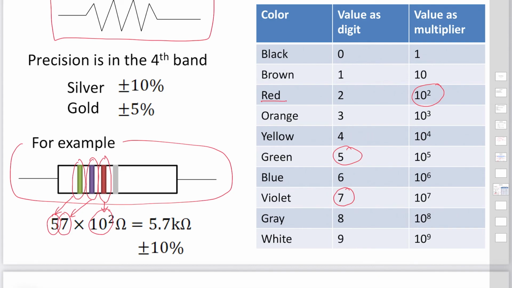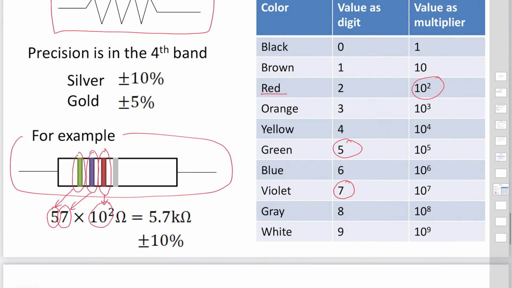Using the three color codes, you can find the magnitude of the resistance of this resistor is 5.7 kilo ohms. And the fourth color expresses the precision of this number. If you find silver, the precision is plus or minus 10%. If you find the gold color code, it becomes plus or minus 5%.